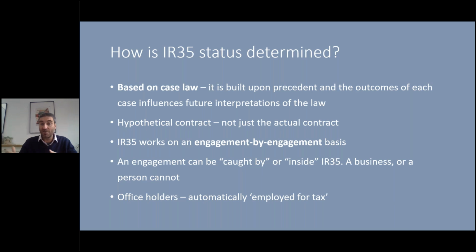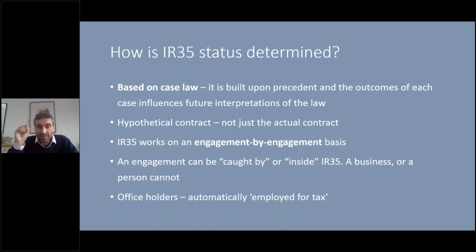So it's not about, oh, I'm inside IR35 or I'm outside IR35. It's about the nature of that relationship inside each engagement. Phrases like caught by or inside, I think you can tell from the way I'm using them, what they mean: is this caught by IR35? Does IR35 apply to this engagement? These are just some of the terms that you hear.